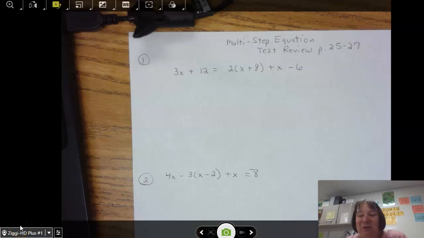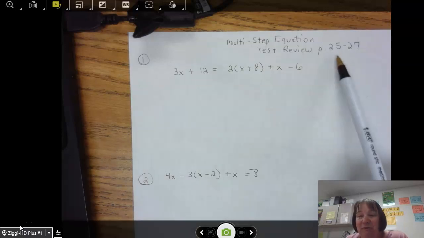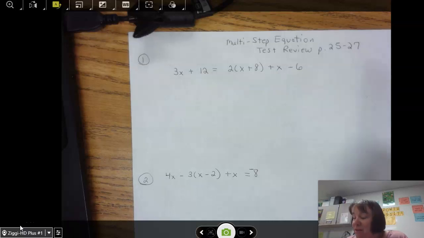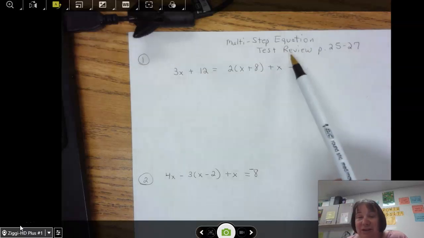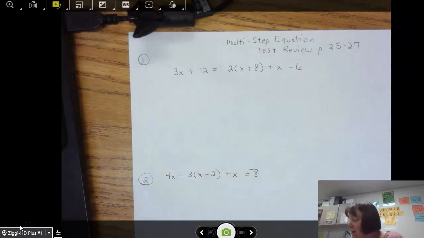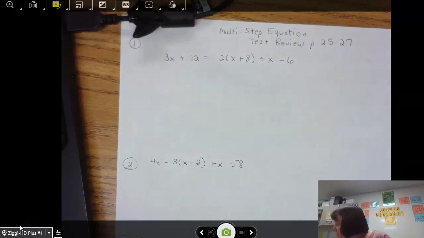Falcons, I just want to do a quick review with you before you begin working on your test review that can be found on pages 25 to 27 in your packet. This is our multi-step equation test review, and our test is scheduled for next Tuesday.